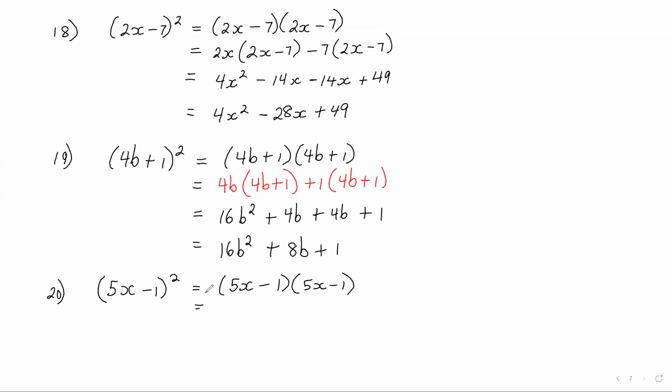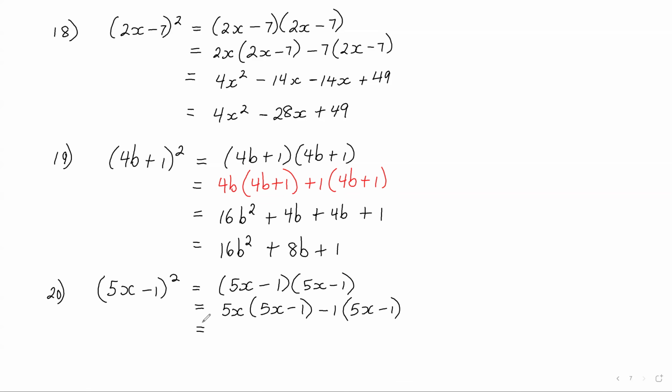And in the next line, it would be 5x times bracket 5x minus 1, and it'll be minus 1 times bracket 5x minus 1. Correct.